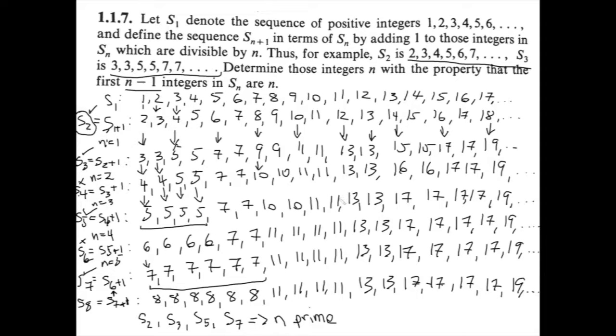So let's take 7, okay? If you look at 7, as early on as S2, you're going to see that the only integer that's going to divide 7 eventually is going to be 7. But how many increments is that going to take?